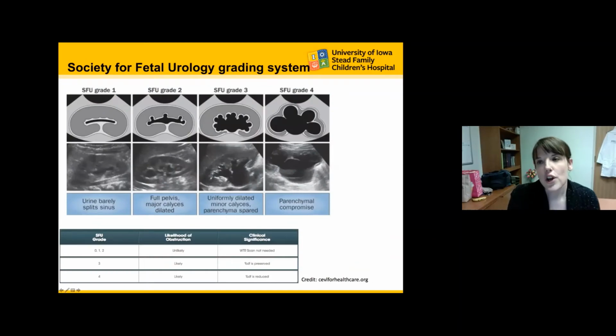Okay, so we talked a little bit about the anterior posterior diameter system. The SFU grading system was created, I believe, in 1993 to address some of these concerns that we were just looking at one measurement. What the SFU grading system brought into play was looking more at major and minor calyceal dilatation as well as parenchymal compromise.